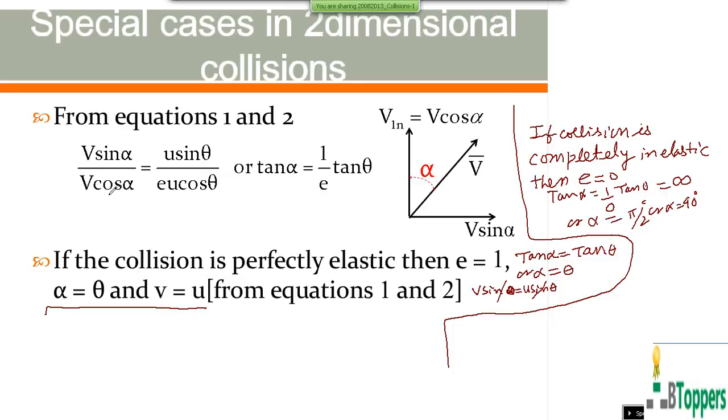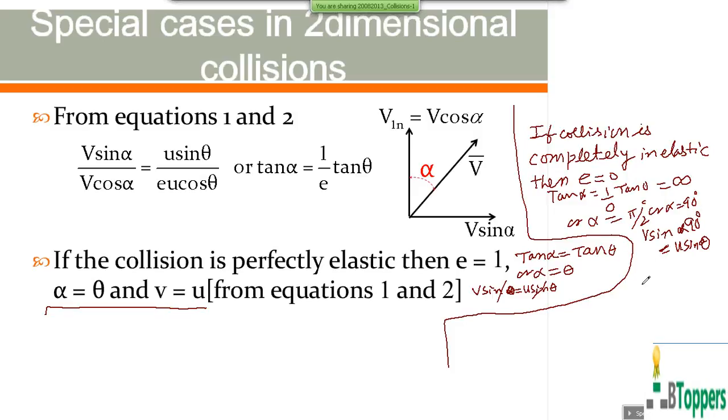Otherwise, from the first equation also you can see, v sin alpha equal to u sin theta. We take alpha equal to 90 degrees on the left hand side of the first equation.